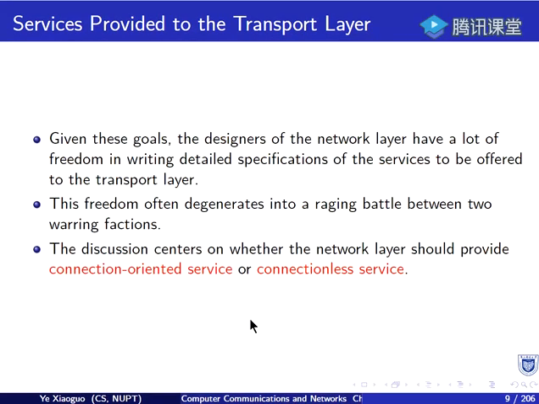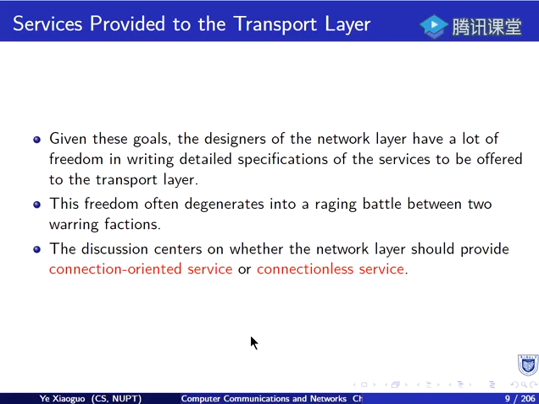Given these goals, the designers of the network layer have a lot of freedom in writing detailed specifications of the services to be offered to the transport layer.